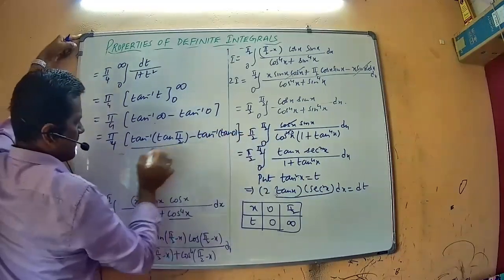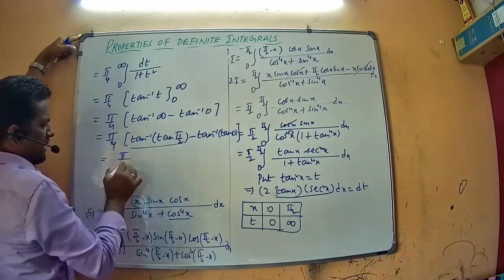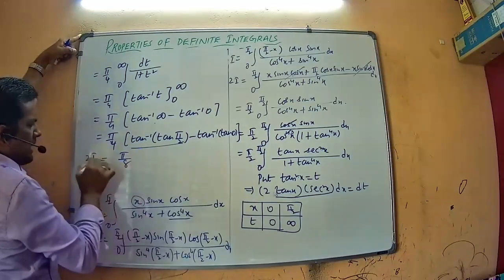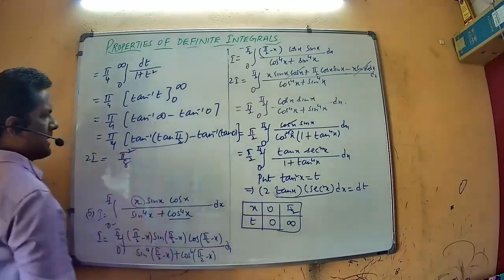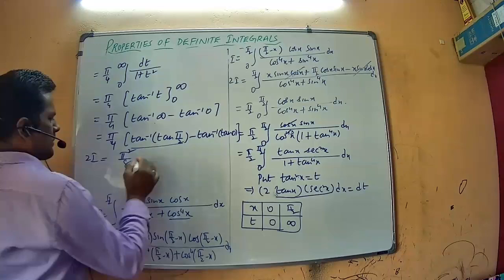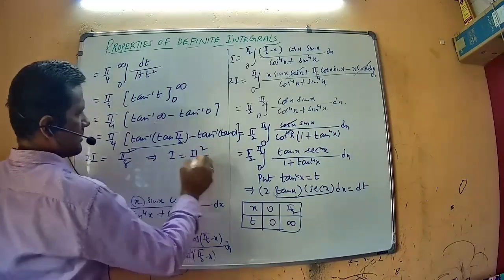So tan inverse tan pi by 2 is pi by 2. This is pi by 4 into pi by 2, which is pi by 8. Now 2I is pi square by 8. So I is equal to pi square by 16.